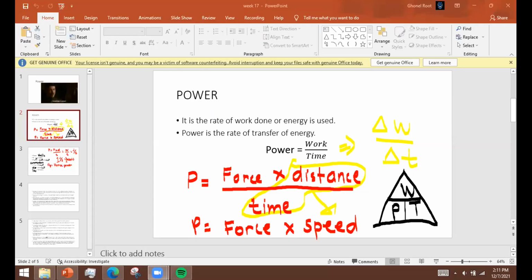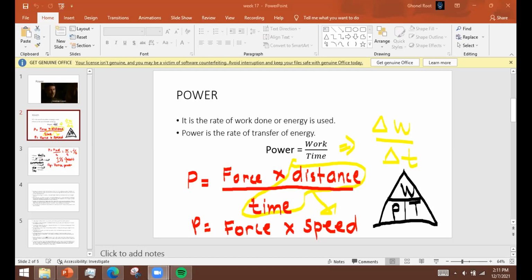Okay? So, you can see the part in red. We break down the formula for work. What was our formula for work last week? Work is equal to force multiplied by distance. How much force you apply to a certain object through a measurable distance.